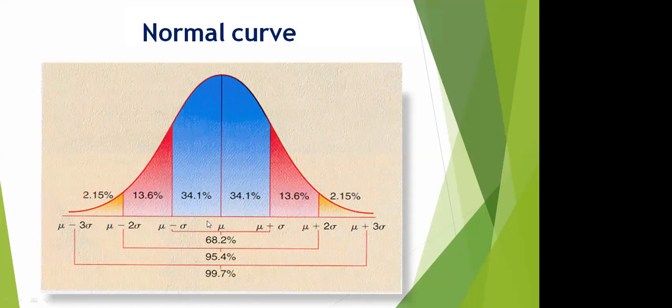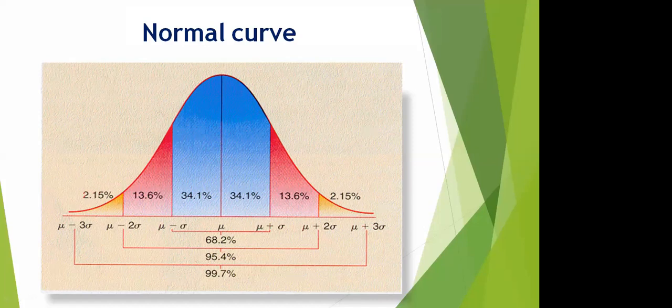The properties of a normal curve are that the mean, median, and mode, the three central tendency measures, will be equal in a normal data. If there is little or no variability within the variables, then the central tendency measures will be equal: mean equals median equals mode. Then from the central value, 68.2% of the observations will lie within plus or minus 1 standard deviation.